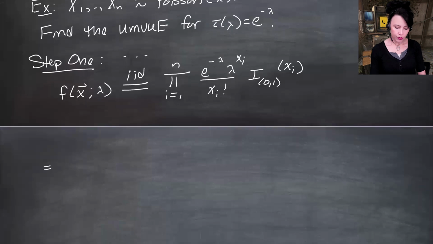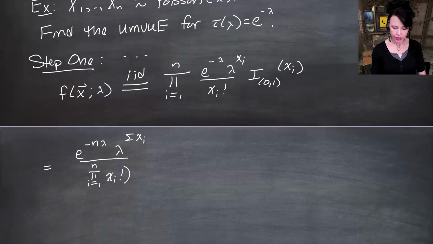When we multiply this out, we'll get e to the minus n lambda, lambda to the sum of the xi, with the sum going from 1 to n, over the product as i goes from 1 to n of the xi factorial, and that factorial has to stay in there. This is not the product all factorialed. And then a product of indicators.